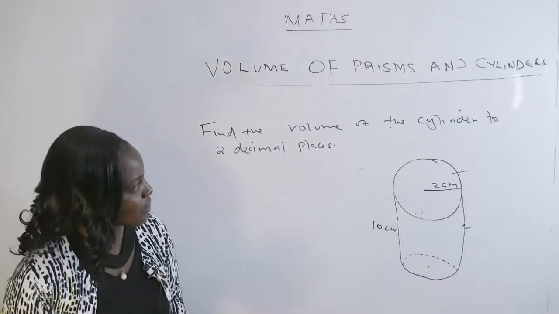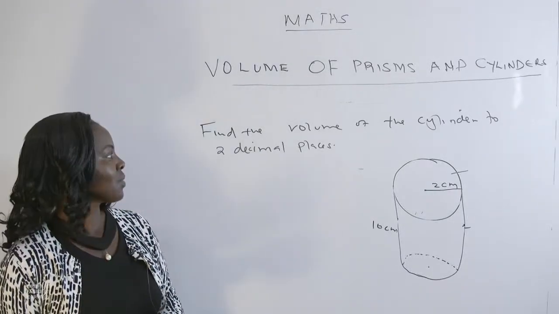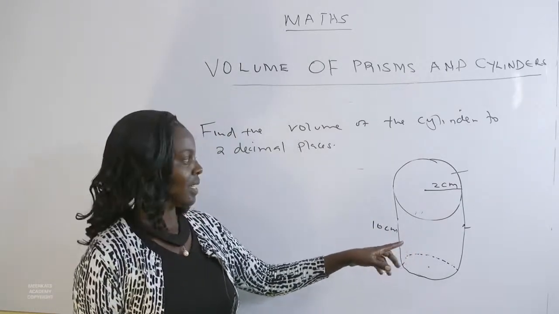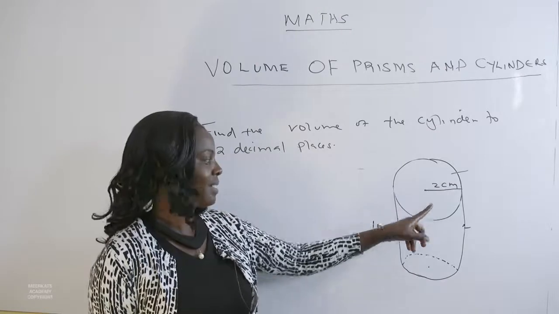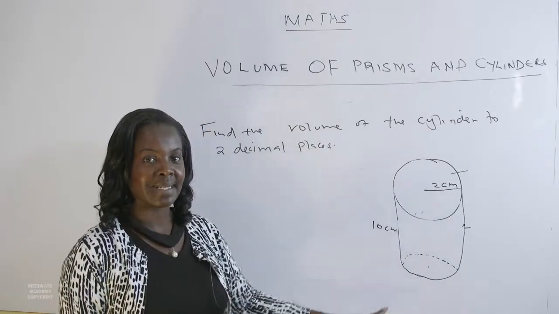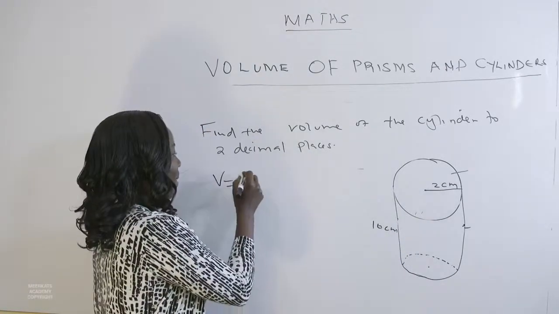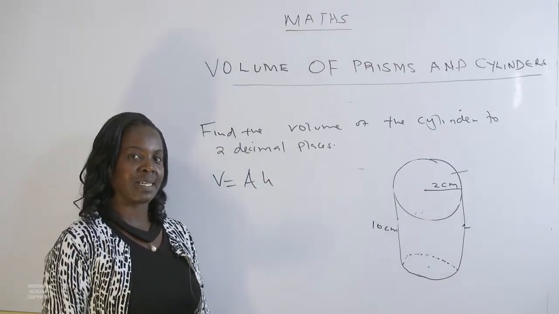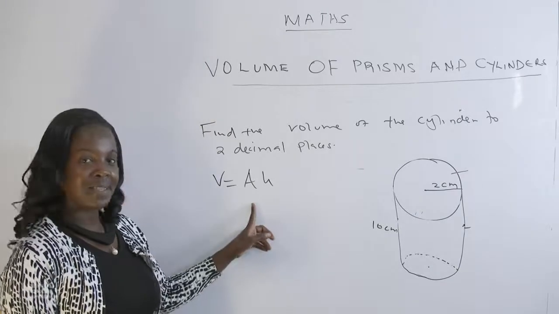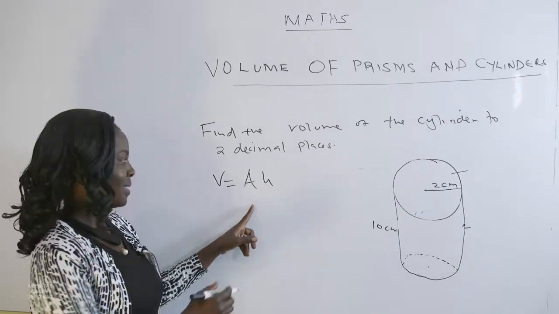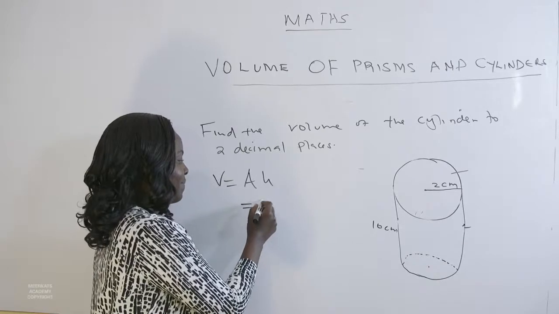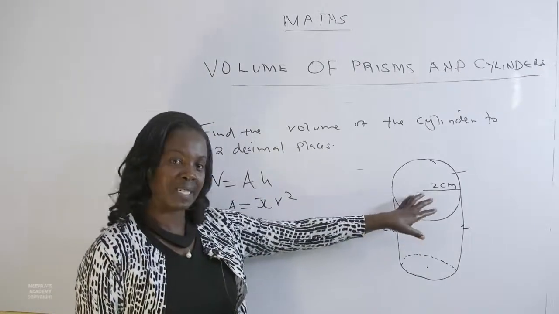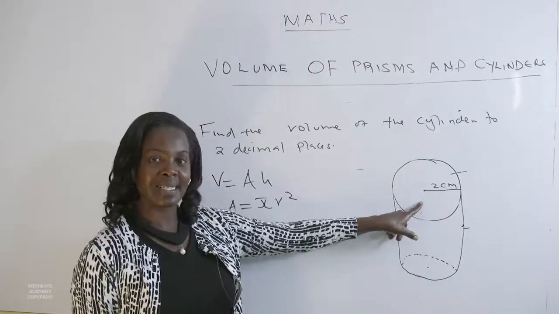We are asked to find the volume of the cylinder correct to 2 decimal places. This is the cylinder. It is measuring 2 centimeters in radius and 10 centimeters in height. So using the formula, volume is equal to base area times the height. That means the first thing we need to find is the base and then the area. Which is the base? We have said for a cylinder, the base is the circle.